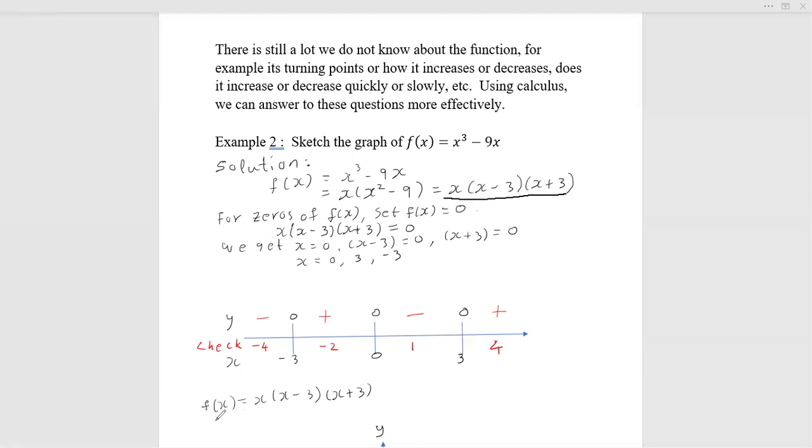So if you substitute negative 4, this is negative, then negative 4 minus 3 is again negative, and negative 4 plus 3 is also negative. Three negatives, when you multiply, you get a negative sign here. Likewise, we get positive in this region, negative in this region, and positive in this region, right?